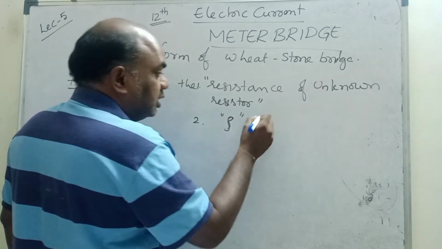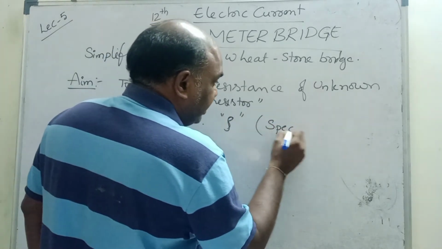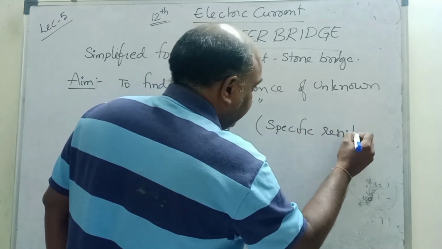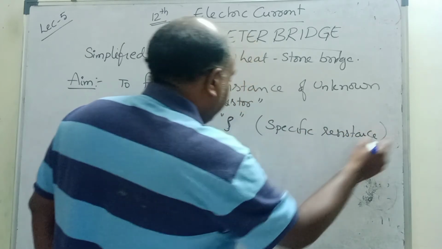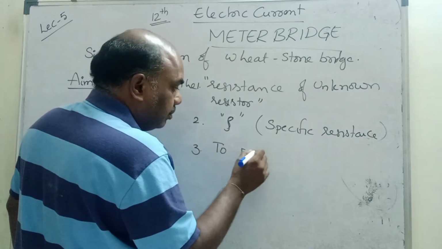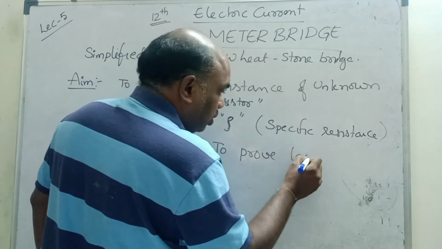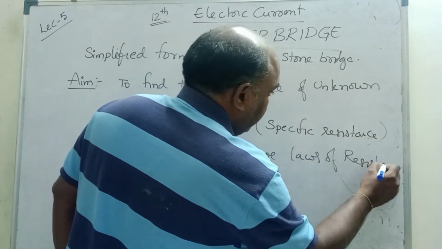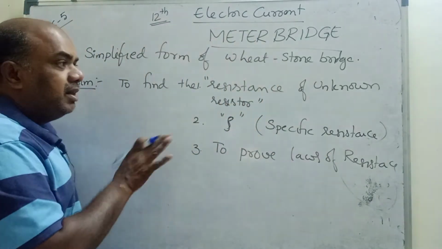Resistivity is also called specific resistance. Number 3, to prove the laws of resistance. All these things we can find at a time in this instrument.